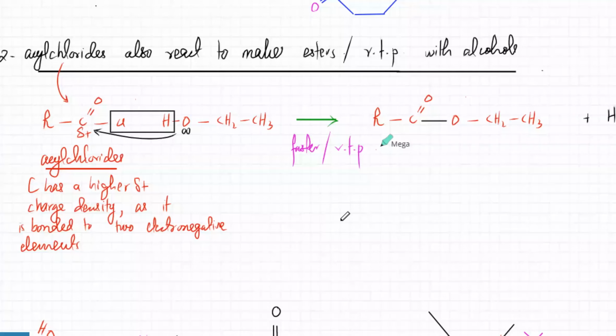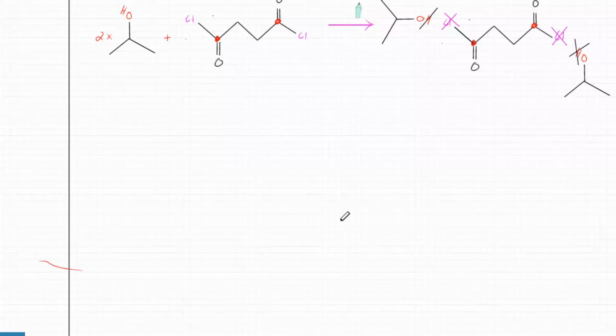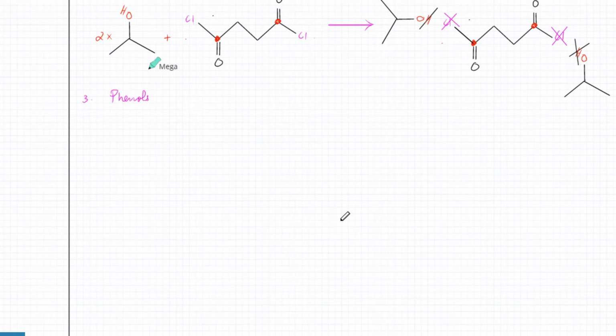Now the next one is, what about phenols, and how do they make esters? Phenols are very similar to alcohols. So let's talk about phenols, number 3. Phenols, remember, only make esters with acyl chlorides.